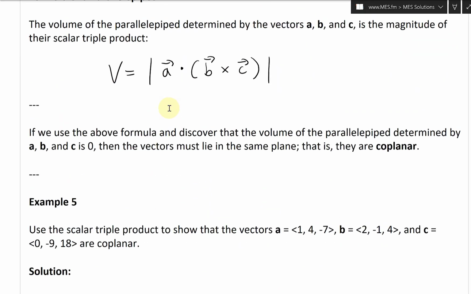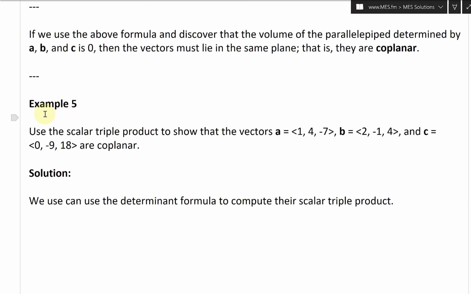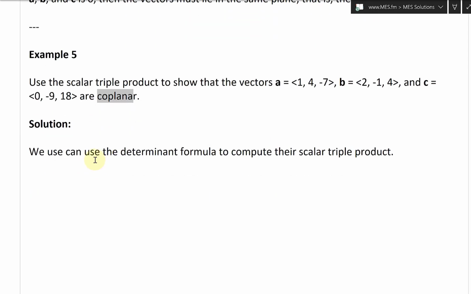All right, now let's take a look at an example again. Example 5. Use the scalar triple product to show that the vectors A, which is 1, 4, negative 7, and B, which is 2, negative 1, 4, and C, which is 0, negative 9, 18, are coplanar. In other words, all in the same plane. So let's take a look at the solution.